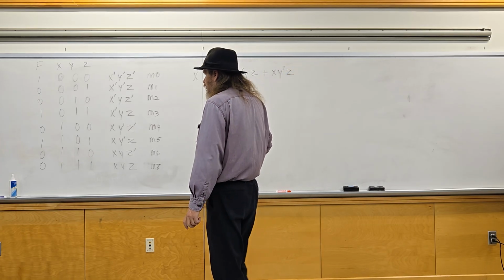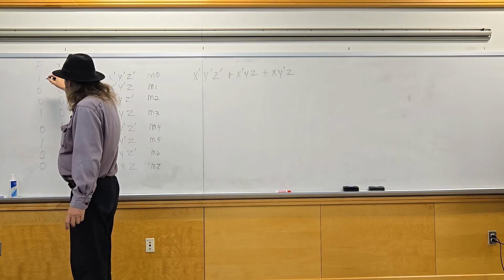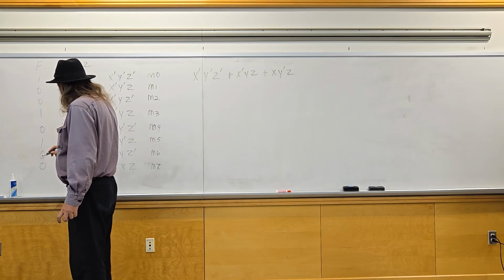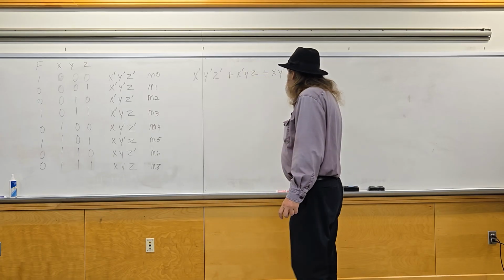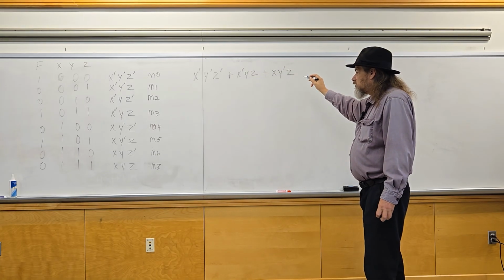Just as there's 3 ones in the output column, so it'd have 3 minterms, like here, like so.